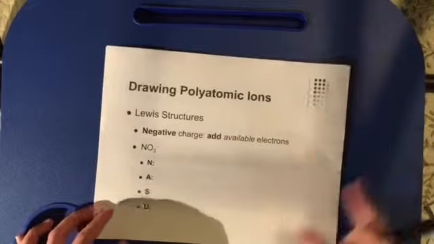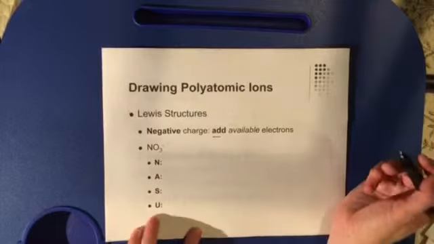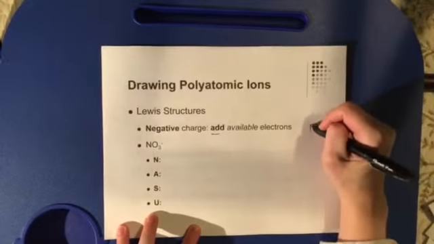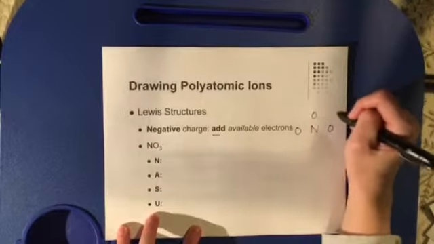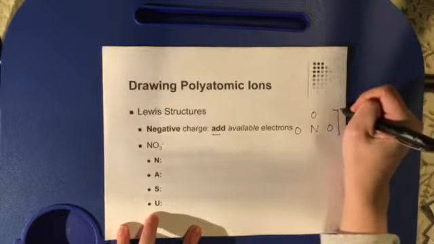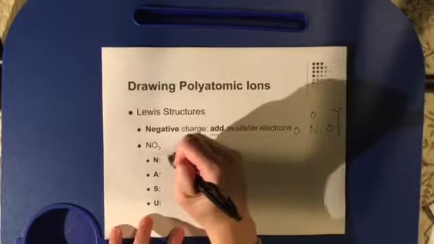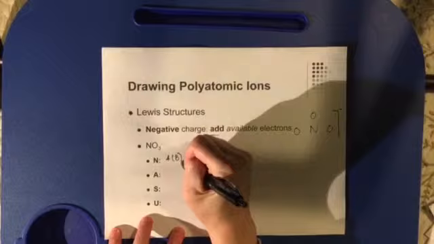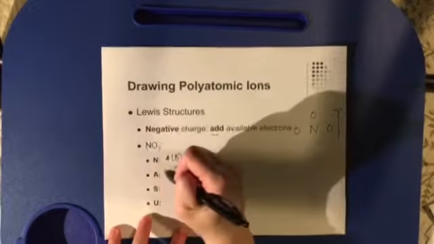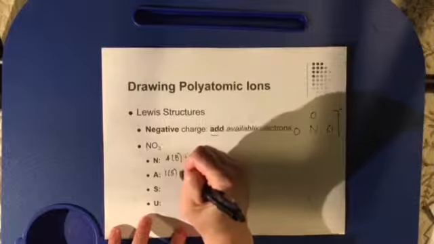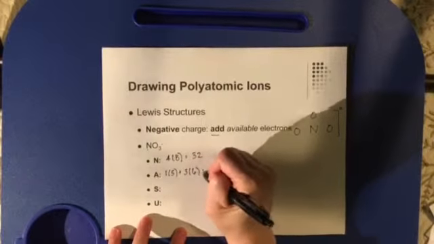Now, if you have a negative charge, you add to the available electrons. So here, nitrate, we've got NO3, with a negative charge. And so we've got 4 atoms that need 8, 32. 1 nitrogen that has 5 available. 3 oxygens that have 6 available.